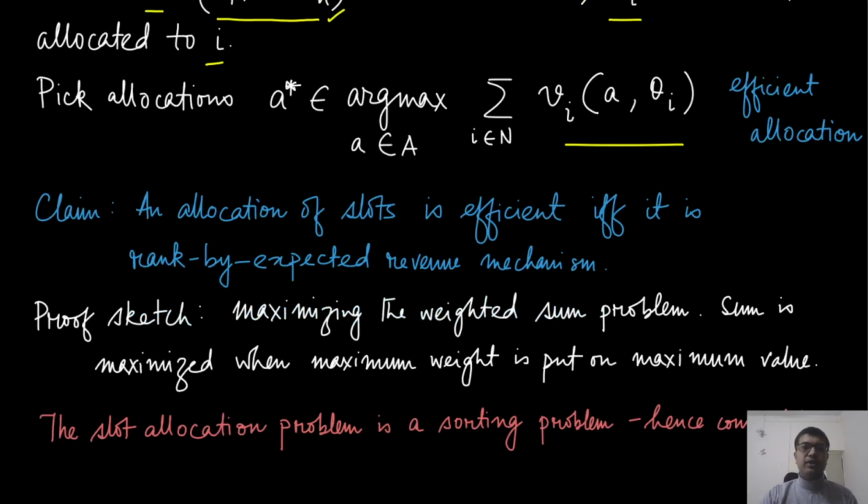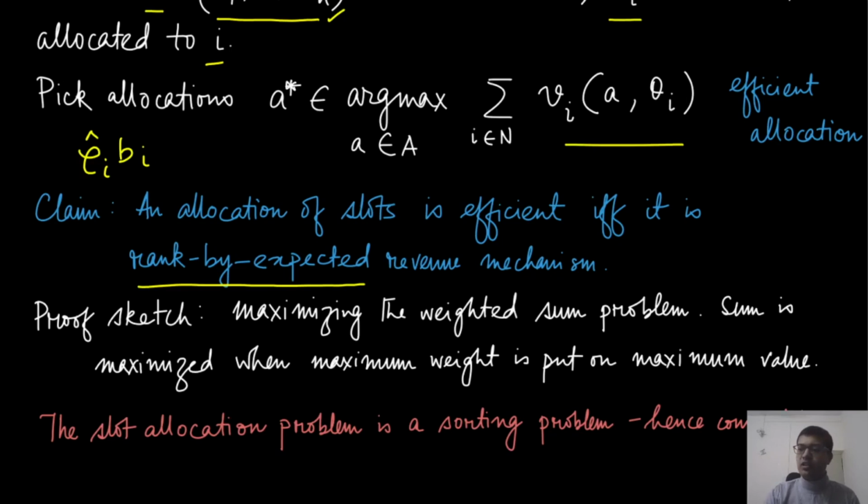Now what we are going to claim here is that when you allocate slots in the way that we have discussed before, that is a rank by expected revenue mechanism, it is efficient. So what is this rank by expected revenue mechanism? You take rho I hat multiplied by BI, which is the bid, sort all the bids in decreasing order of this, and then keep on allocating to the higher slots.